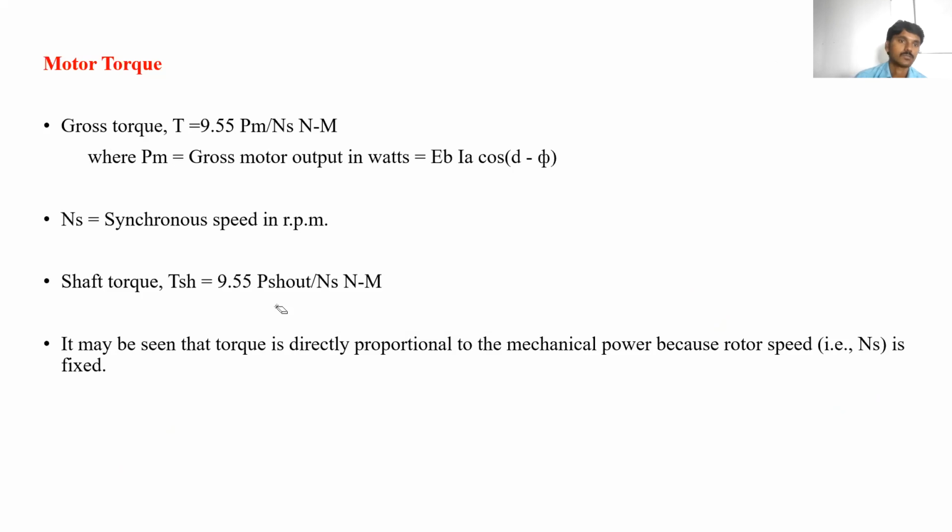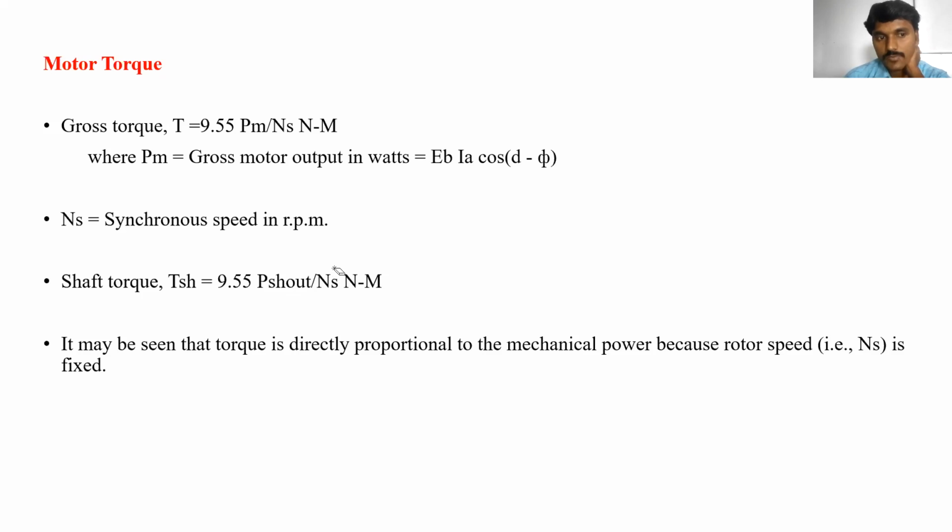Next, motor torque. We can know the formula. Motor torque T is equal to 9.55 into Pm upon Ns. Here Pm is the mechanical power, where Pm is the gross motor output in watts. Ns is the synchronous speed.